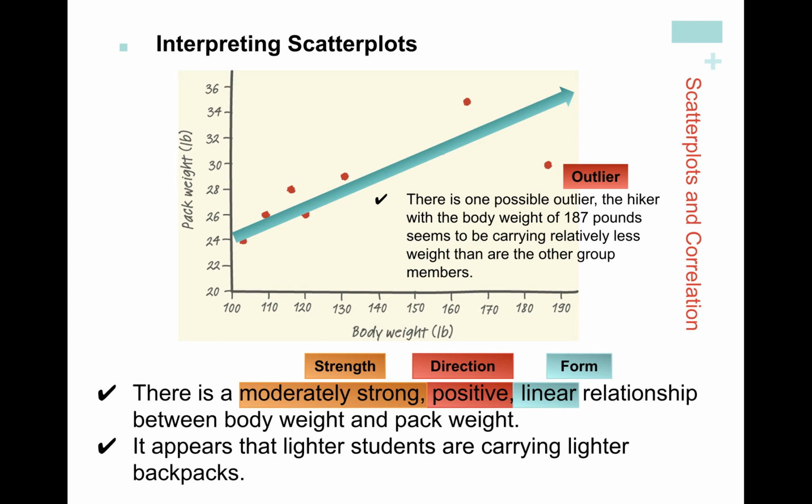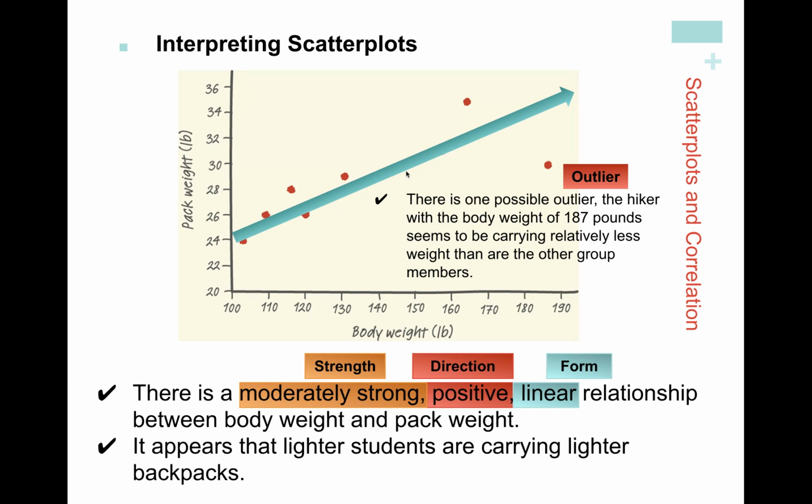But in this case, because it's a linear relationship, we're talking about how strong are the dots to the linear relationship? How close are all of these dots to this line, and you may have studied in Algebra 2 or in pre-calculus the line of best fit, or the best fit line. How close are these dots to the best fit line?